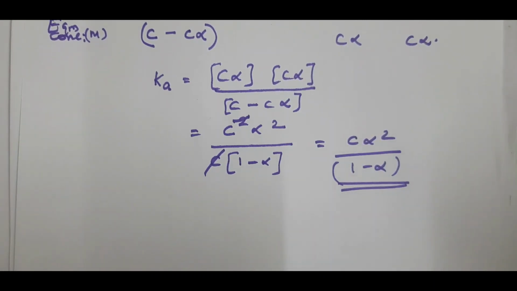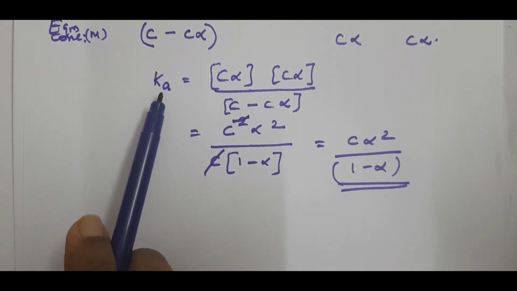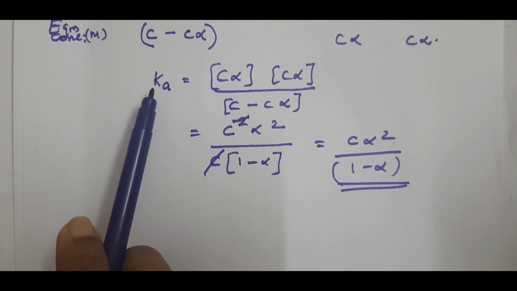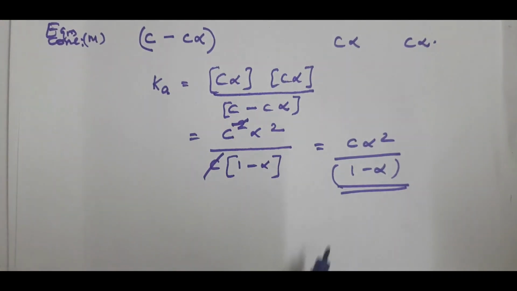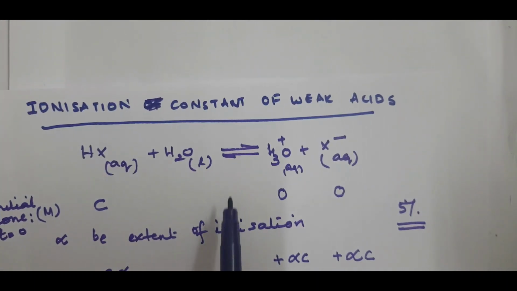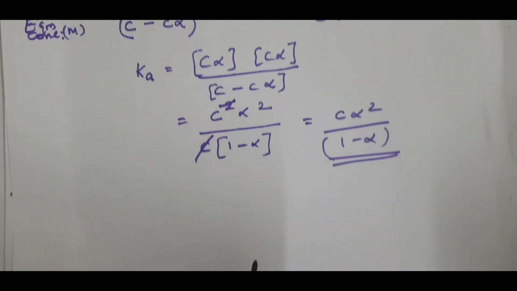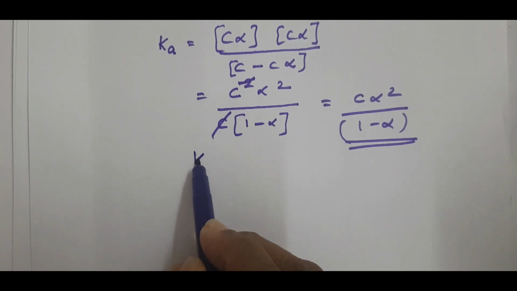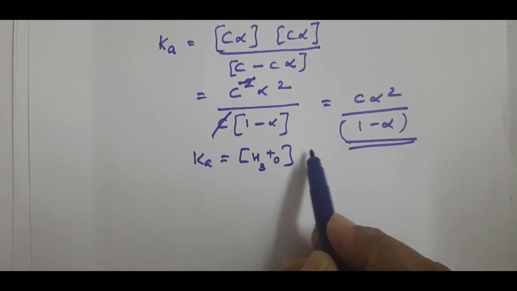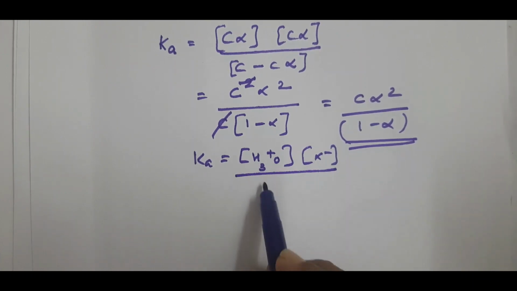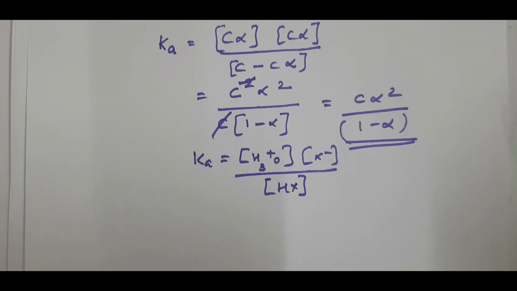This is the dissociation constant or ionization constant of a weak acid. Or simply, by the first equation, I can write the equilibrium constant Ka as equal to the concentration of H plus, or H3O plus, into the concentration of X minus, divided by the concentration of undissociated acid.